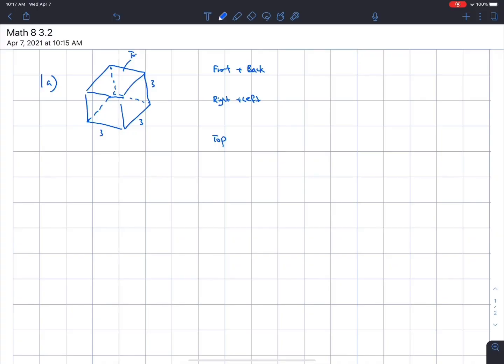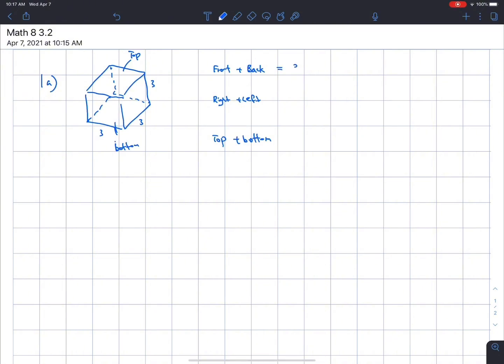So this is the top, and this is the bottom. Okay, so in total we have 6 faces. For most of these questions, these are the 6 views that we need to see: front, back, left, right, and top and bottom.